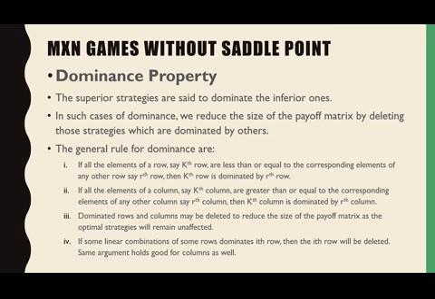See, in rows, whichever was smaller, that row we deleted. Here it is the opposite way. If a particular column has all its elements greater than or equal to the corresponding elements of another column, then that column with the greater elements can be deleted, right?